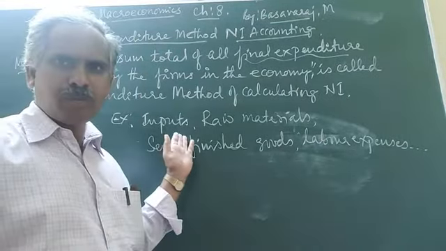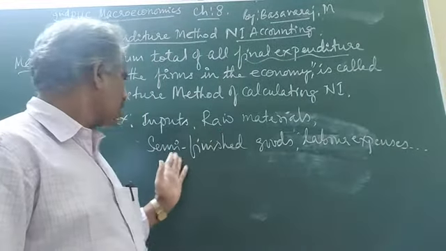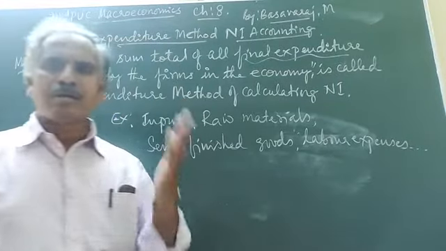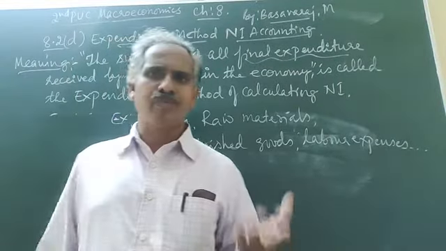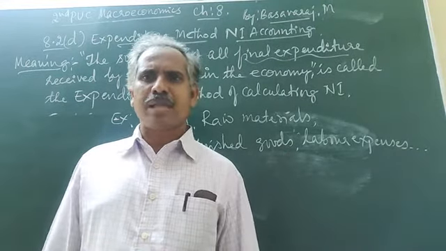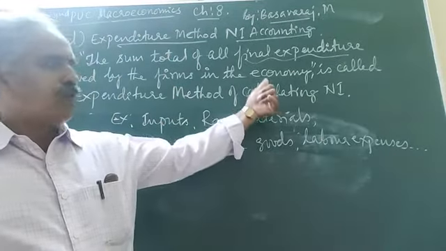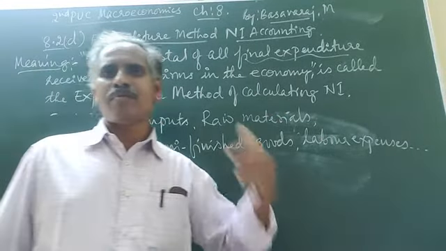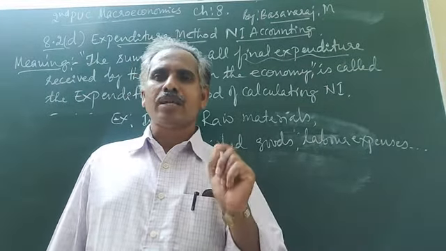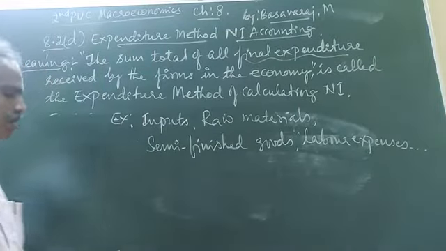It may be on the inputs, raw materials, semi-finished goods, labor expenses, transport expenses, and also many others, fuel also, electricity also, and even other expenses like taxes and many others included in the final expenditure made by the firms in producing the goods. This is the expenditure method of measuring the national income in the economy.